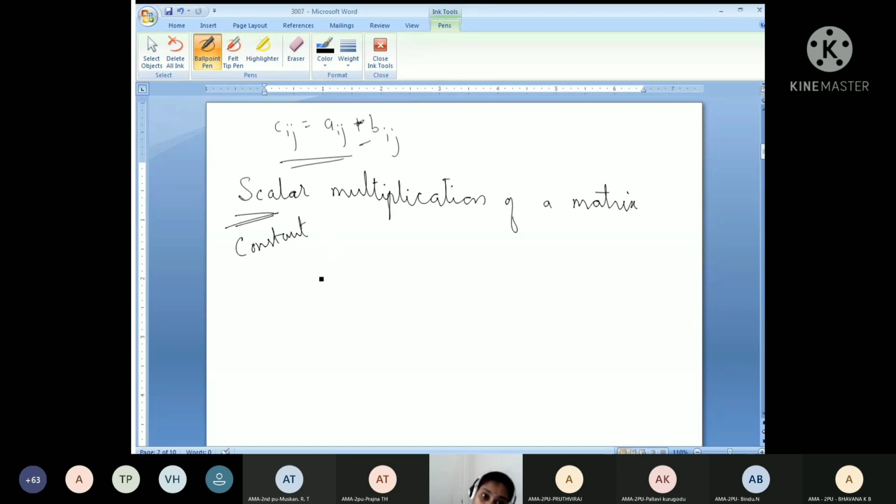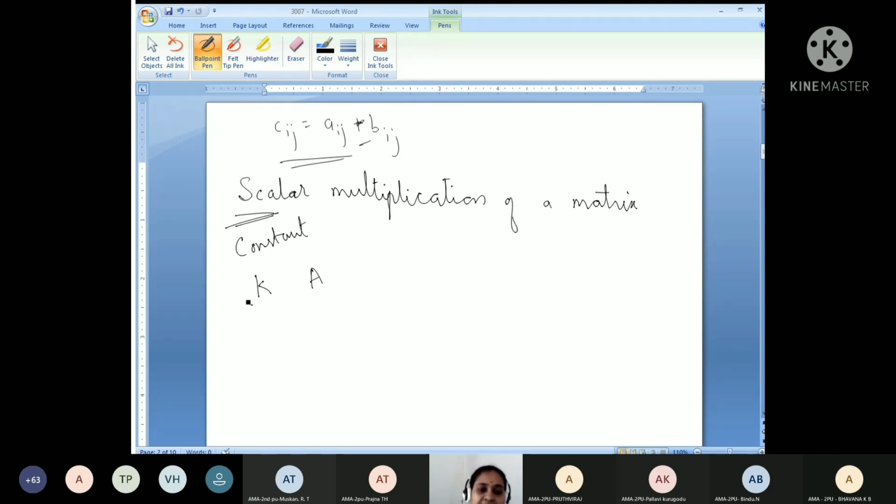Let me take K as any constant and A as any matrix. See, here I am saying any matrix. That means you can take any order, whether it is a square matrix or not, diagonal, scalar, whatever you want, any matrix you can take.